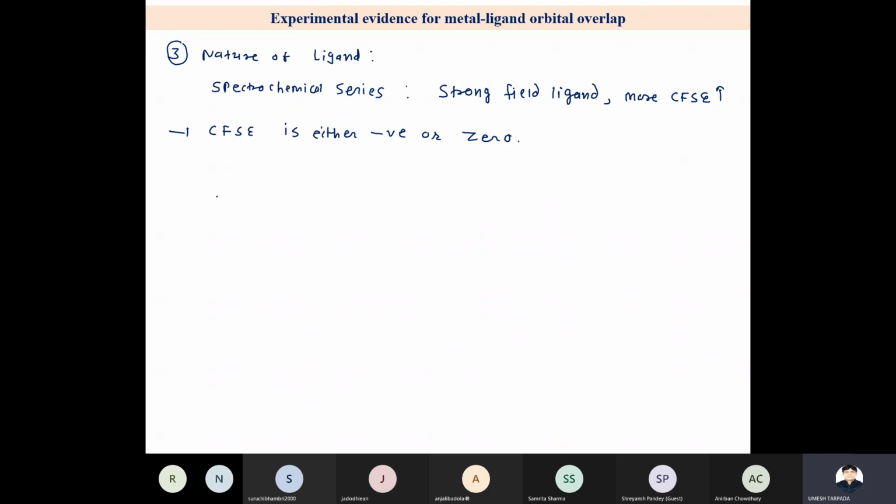So CFSE is associated with thermodynamic stability of the complex.